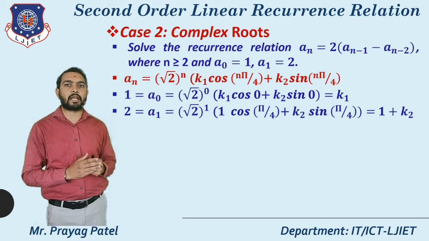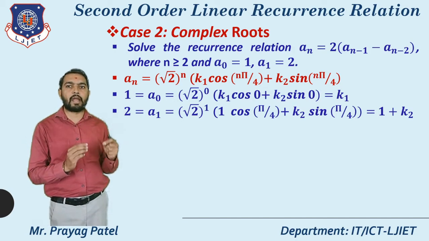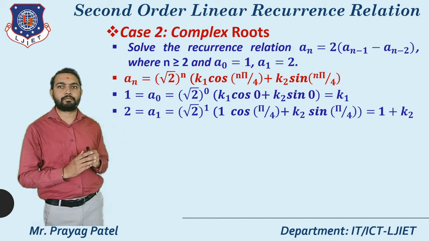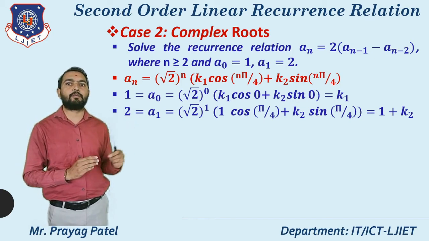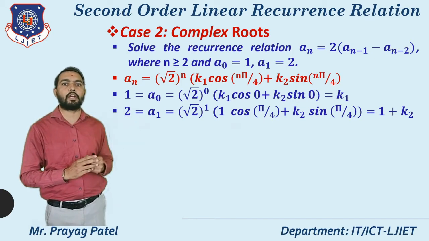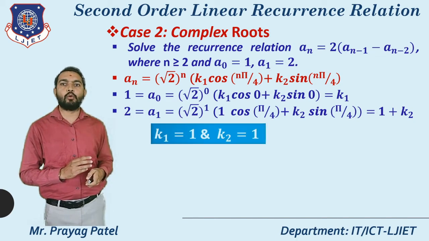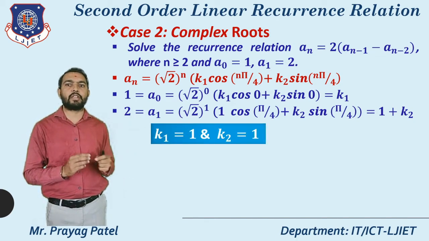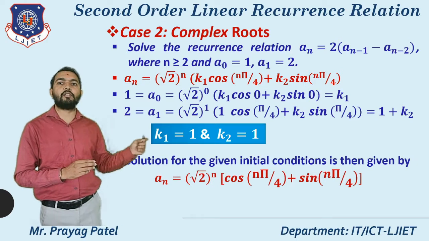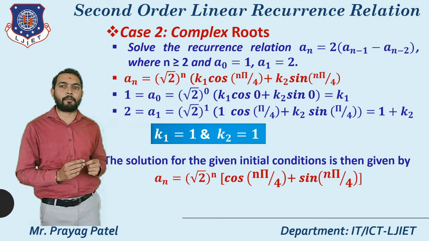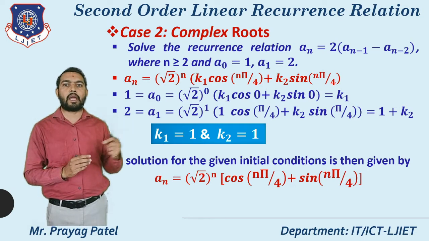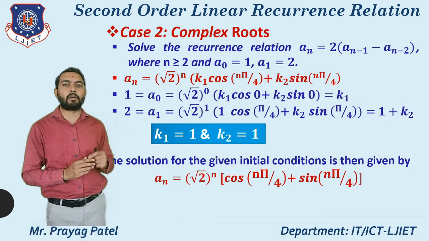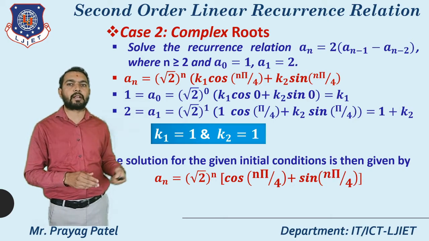Now from the second condition, a1 equals 2, so n is 1. So 2 equals a1, which is root 2 raised to 1 (1 cos pi by 4 plus k2 sin pi by 4), equal to 1 plus k2. So the final values are k1 and k2 equal to 1, and putting them in our equation of a of n, we get the recurrence relation a of n equal to root 2 raised to n (cos n pi by 4 plus sin n pi by 4). So this is the relation for the complex roots.